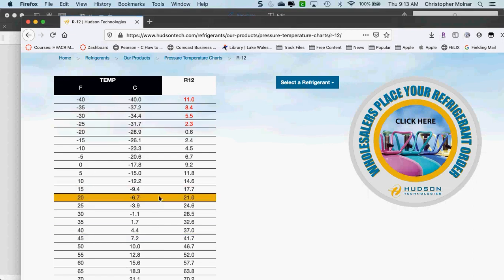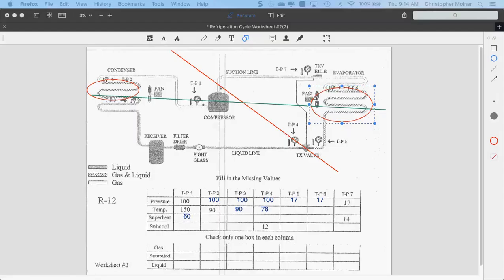Okay, because we have 17.7 PSI. Come over to the left to the Fahrenheit temperature scale. We have 15 degrees. So for TP5, let me just move that up to where it belongs. Don't have anyone put it in that blank. There we go. And TP6, I have an evaporator of 15 degrees.